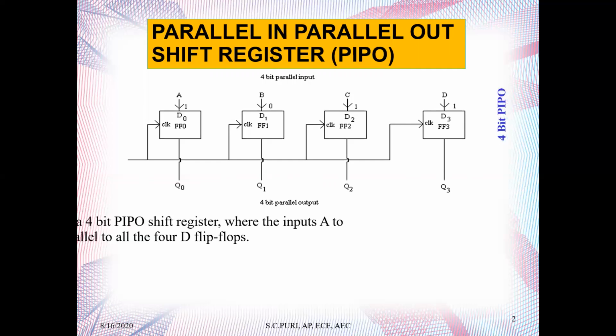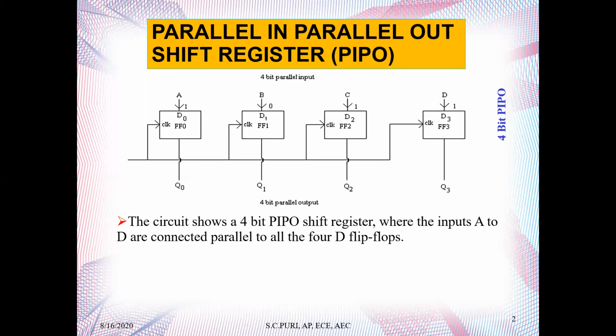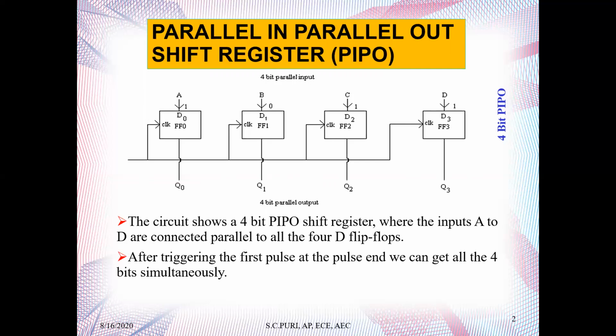So this is 4-bit. The circuit shows a 4-bit PIPO shift register where the inputs A to D are connected in parallel to all the 4 D flip-flops. After triggering the first pulse, at the pulse end we can get all the 4 bits simultaneously.